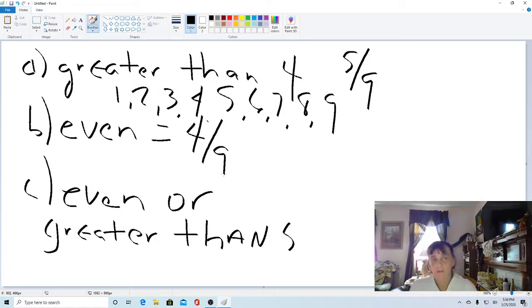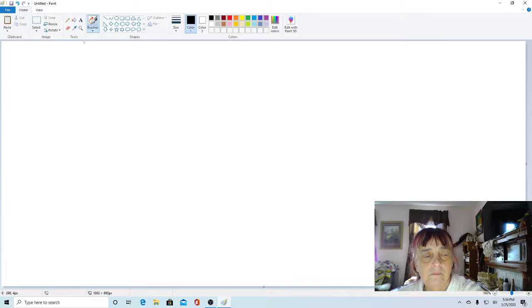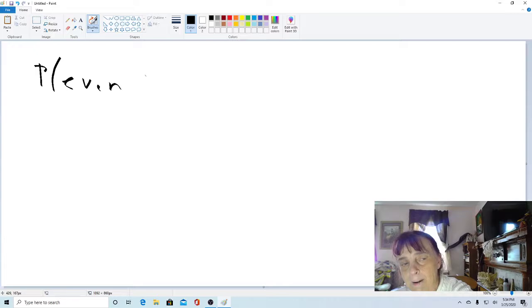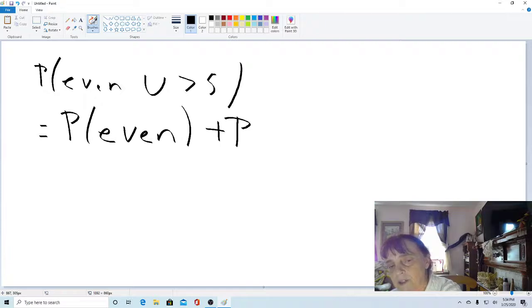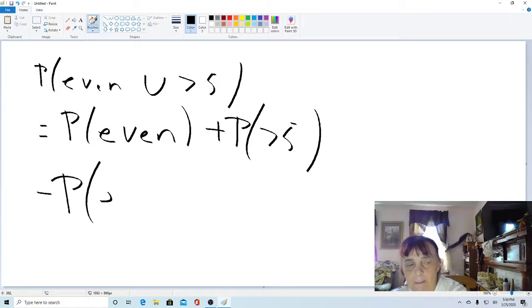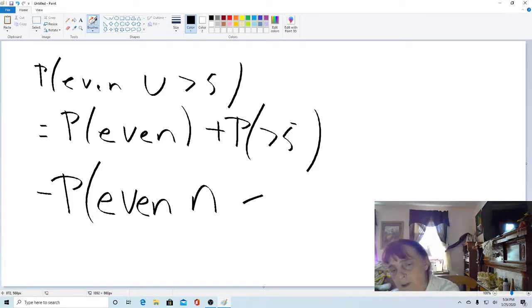And even or greater than 5. Even or greater than 5 is the probability it's even plus the probability it's greater than 5 minus the probability it's even and greater than 5.